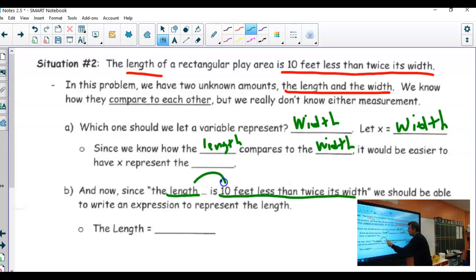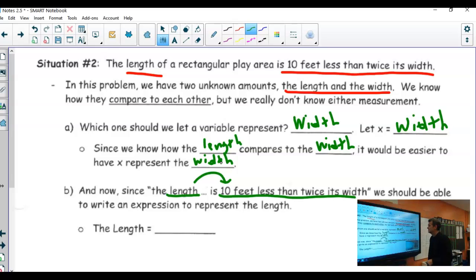Here's how the length compares to the width. So if I start with the width, then I can write an expression for how the length compares to it. Since we know how the length compares to the width, it would be easier to start with the width. And then I can write an expression for how the length compares to it.